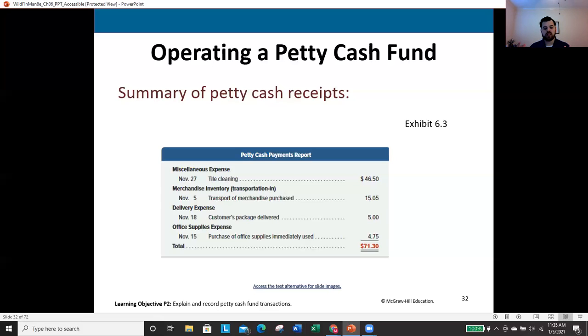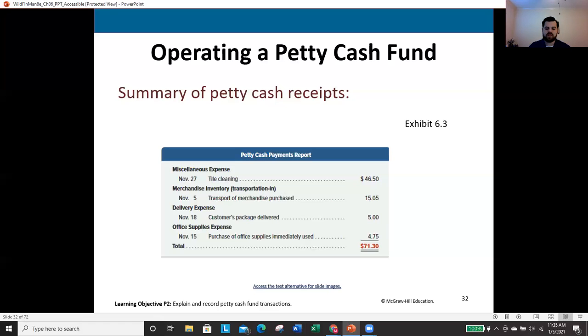So hopefully that is what we see in that box at the end of the period, if that was our only expense. In this case, though, we had several other expenses. We had some freight coming in, so that's $15. We had the $5 for a customer's package that got delivered as a delivery expense, and we had some office supplies of $4.75. Now notice at this point, that is a total of $71.30.